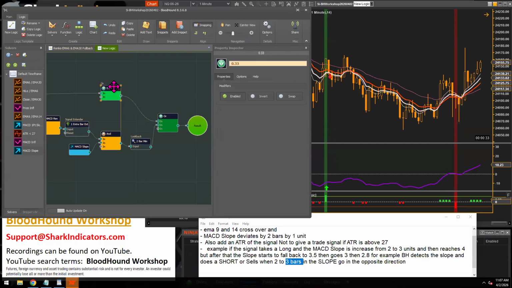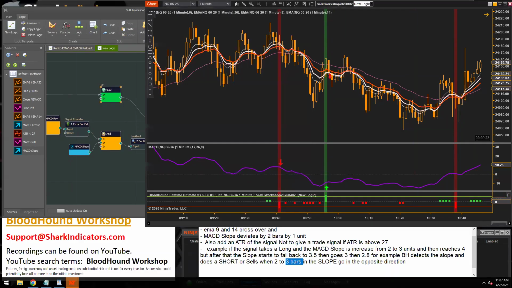So again, this OR node here, where the output is set to 0.33 on the options tab, that's what allows us to see this output here.